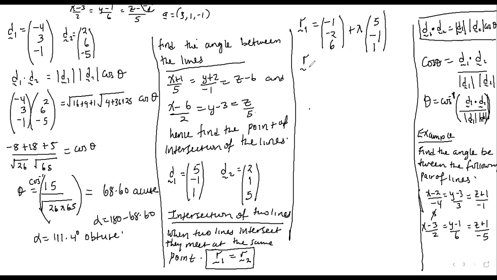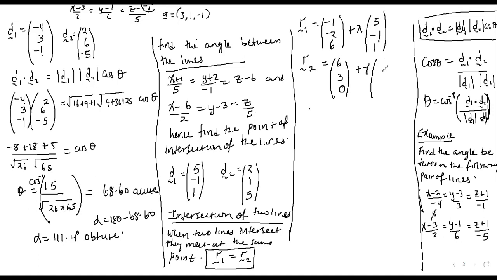The second line, give me its point: 6, 3, 0. Now, this time you can say the scalar multiplier is gamma. Or if you want lambda, you say lambda 1, lambda 2. The scalar multiplier is different.